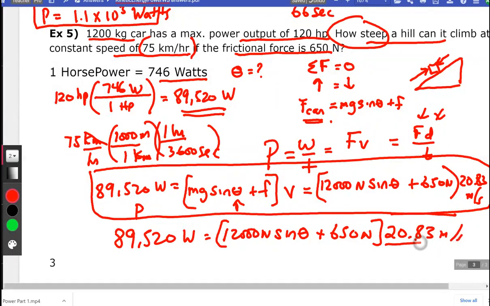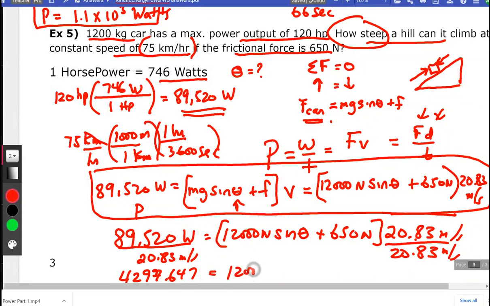Now we divide both sides by this velocity, 20.83 meters per second, and we get 4,297.647 equals 12,000 newtons, sine of the angle we don't know, plus 650.